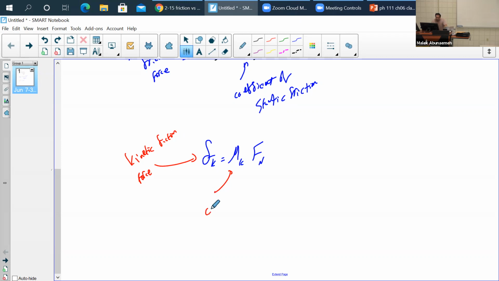The mu, that's your coefficient of kinetic friction. And again, that's your force, which is your mass times your acceleration.